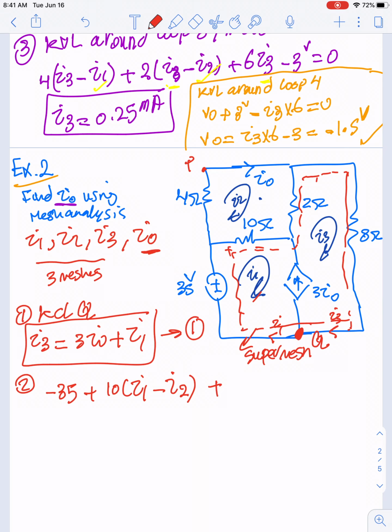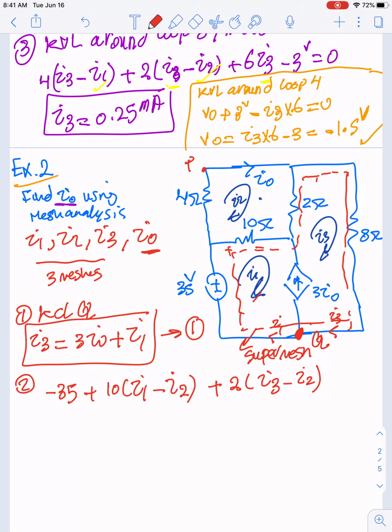And here we have 2 ohms, these 2 ohms, and these 2 ohms. It has I3 minus I2, the current is inside it, so it has 2 times I3 minus I2.